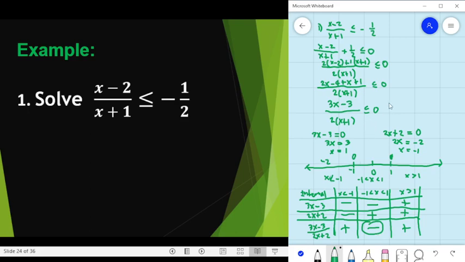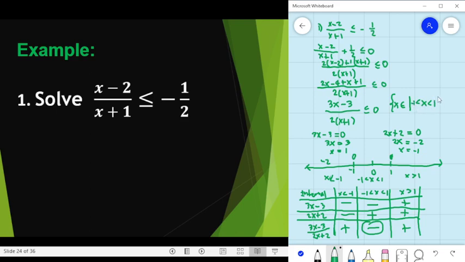So that is why we can say that the solution set is the set containing x, which is the set of all real numbers such that x is less than 1 or greater than negative 1.